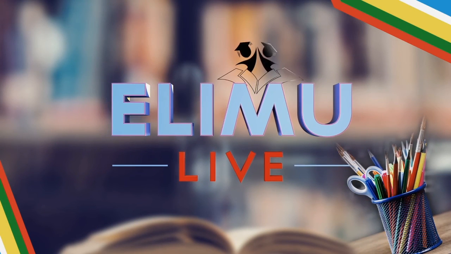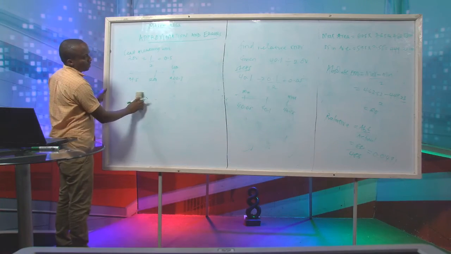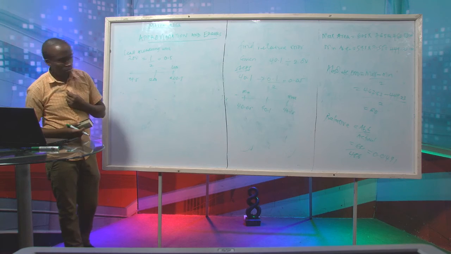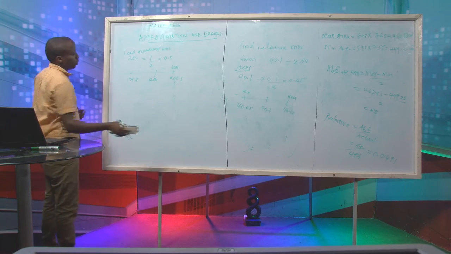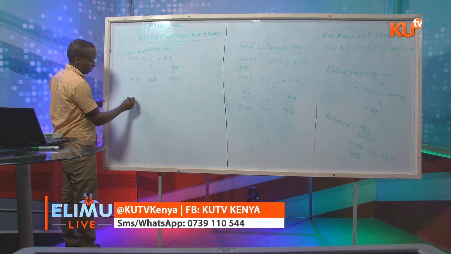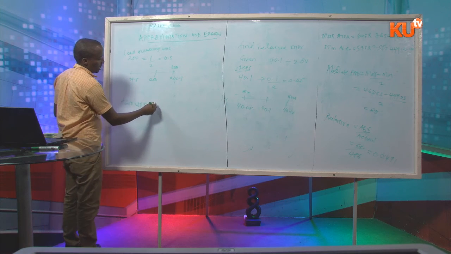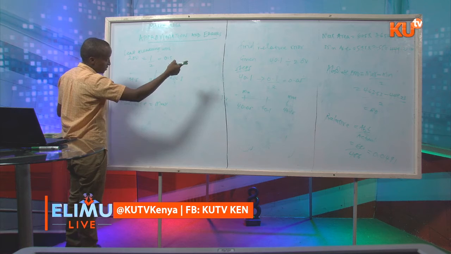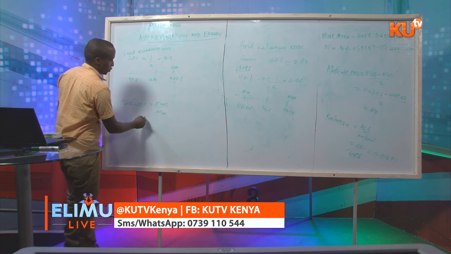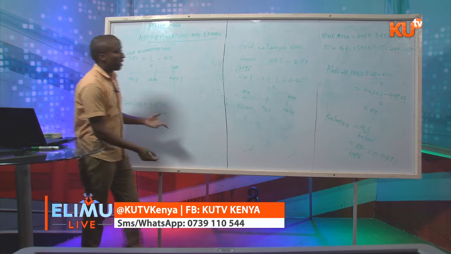Sorry, we have to find the absolute error. The absolute error is the maximum. I've said just division because our sum is very simple. Maximum divided by minimum.